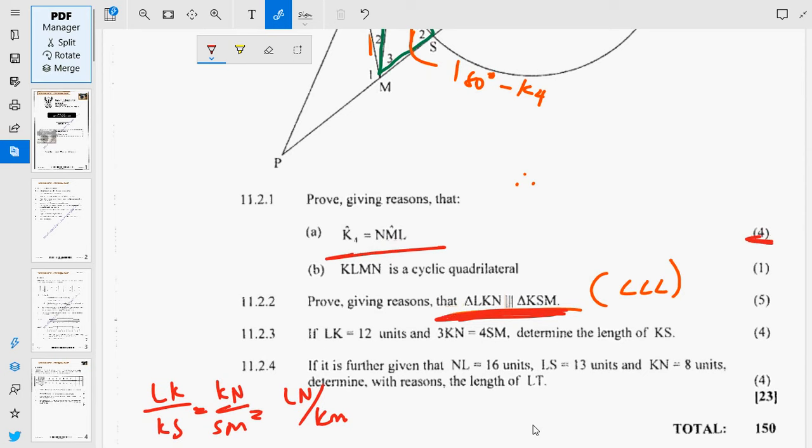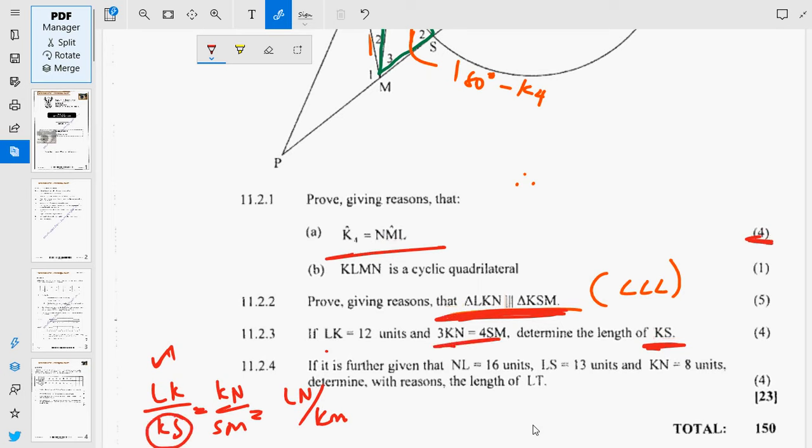Okay, so the examiners are looking for KS. Have I got LK? Yes, I've got LK. I'm looking for KS.